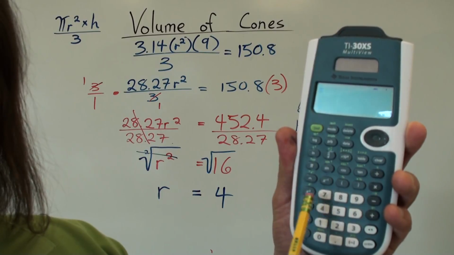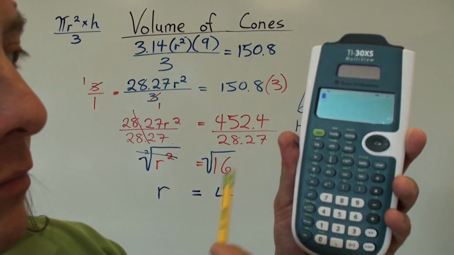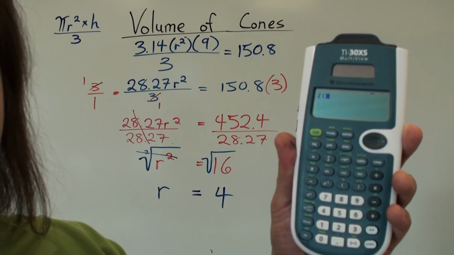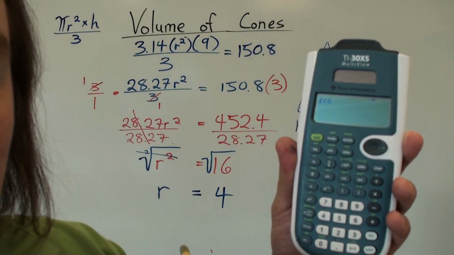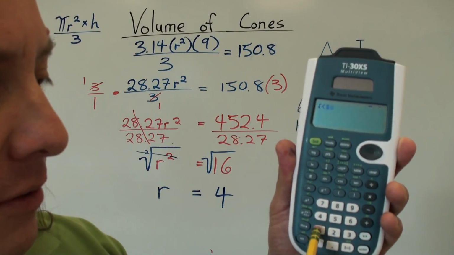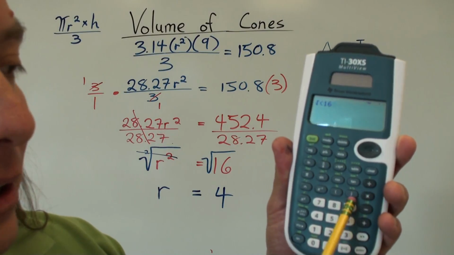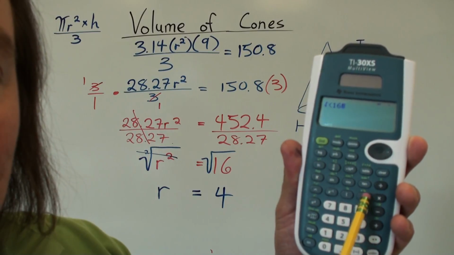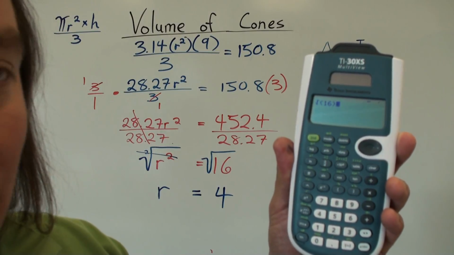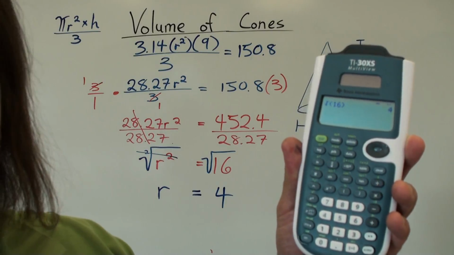So I hit the green button, then hit that x squared button, but instead of putting x squared, it puts the little square root symbol with an open parenthesis. So inside that parenthesis, I'll put 16. I could close the parenthesis. I'll just do it this time, but really it's not necessary in this case. So square root of 16 is equal to 4.